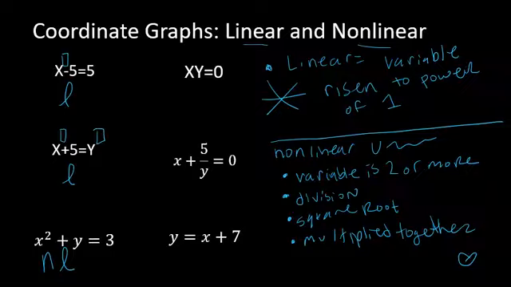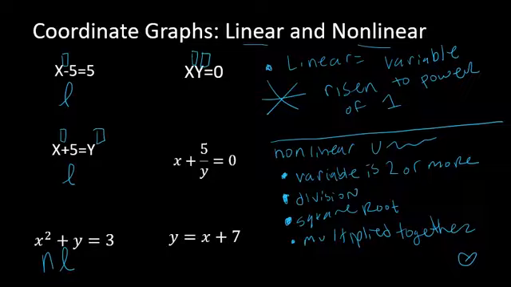What about this next guy? x times y equals 0. Well, I have this 1 over here and this 1 over here. Is it possible that it's linear? Well, let me look at my rules for nonlinear. A variable is 2 or more? It does in fact have 1, so it's still linear. There is no division, so it's still linear in my head.